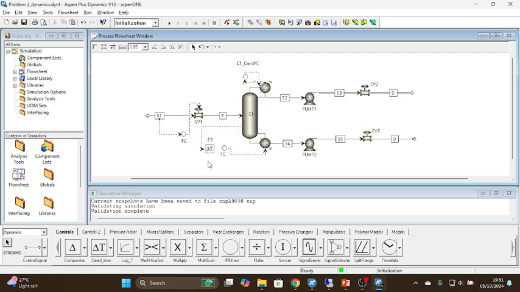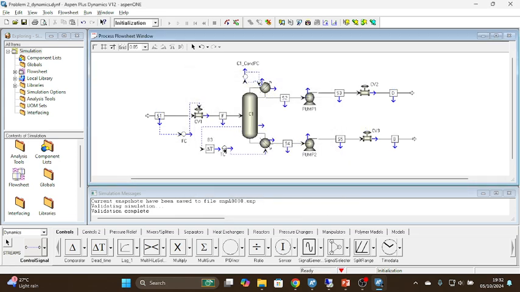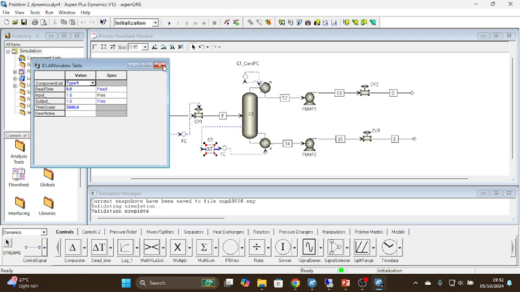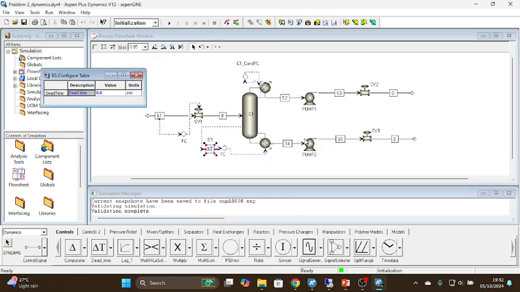This comes over here. This goes to here. And we are going to specify the dead time. The value of dead time that we are going to specify is 0.8 minutes.